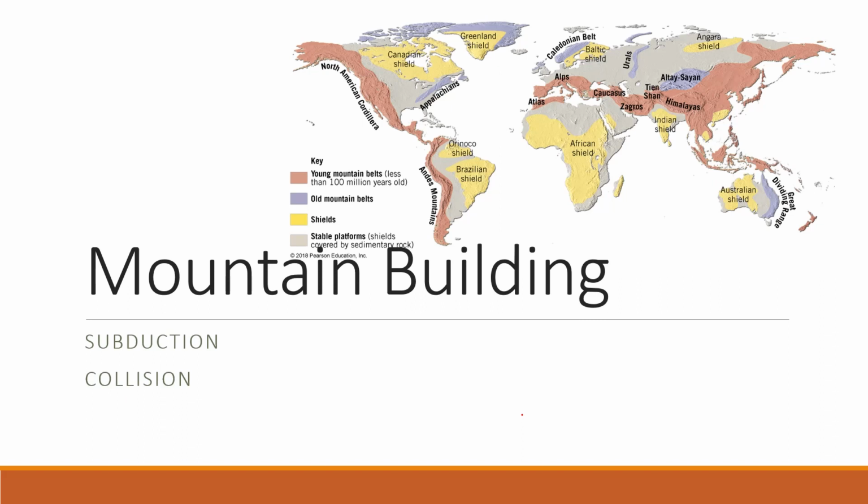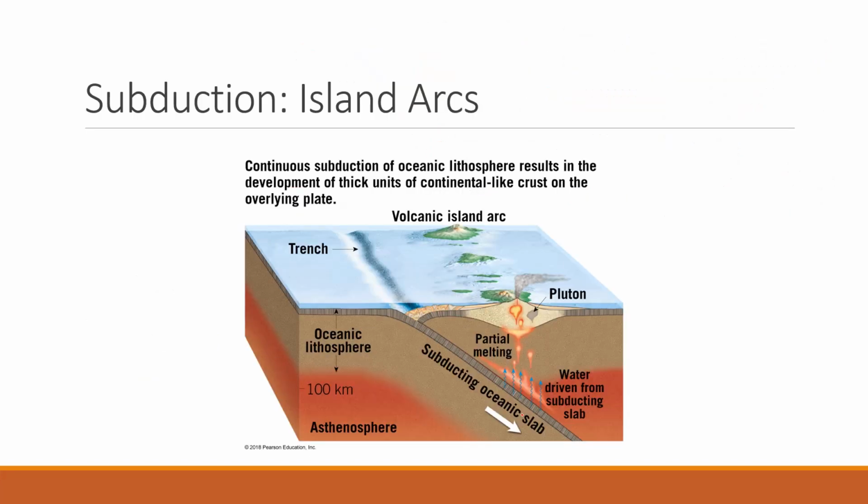Most of these major mountain belts are due to continental collisions. So the first step is going to be subduction, the next step will be collision. So again, subduction, if we have ocean-ocean, we could produce island arcs. These are just volcanoes that are coming up through the ocean crust.